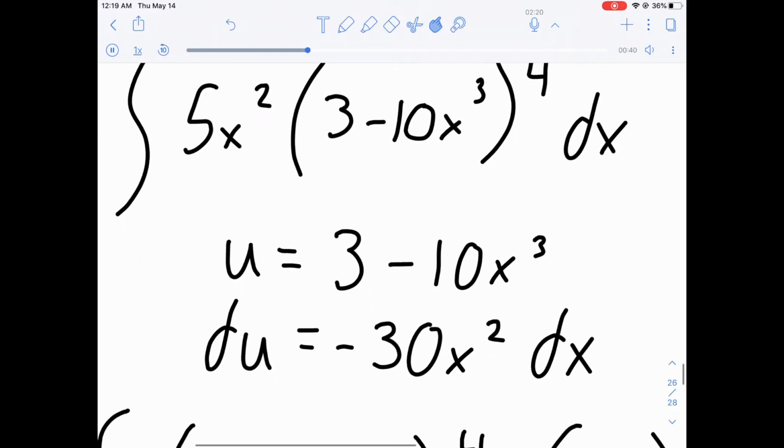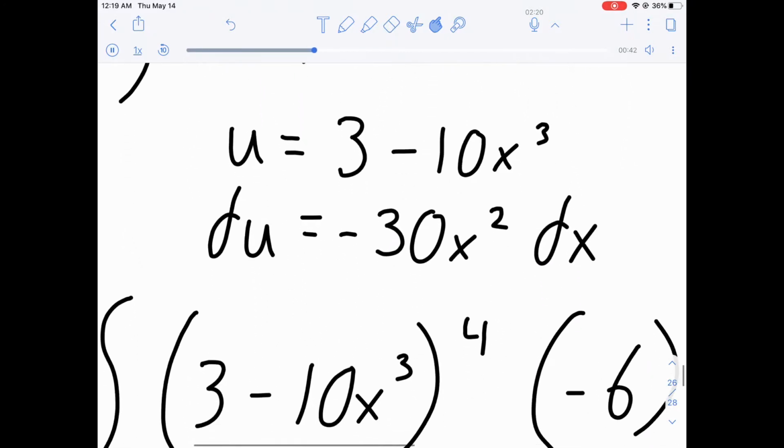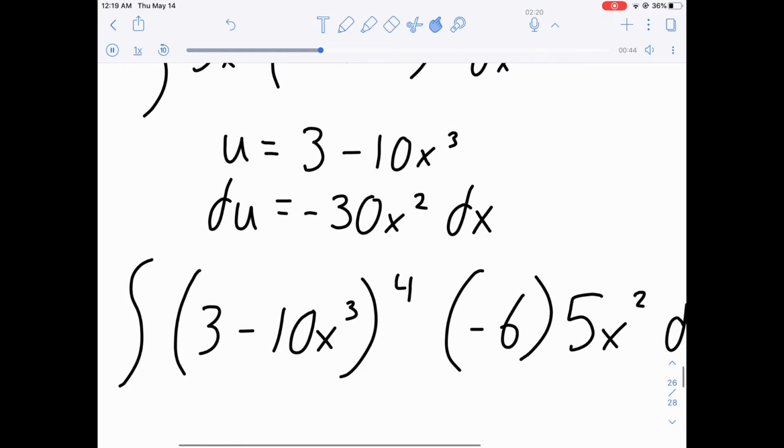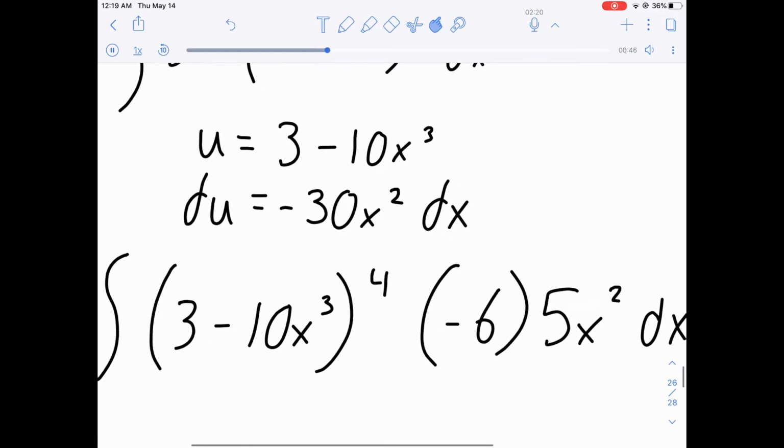So now we're going to separate the two functions of the equation up and disregard the negative 6 for now. So just looking, we should have just 3 minus 10x to the third to the fourth and 5x squared dx.